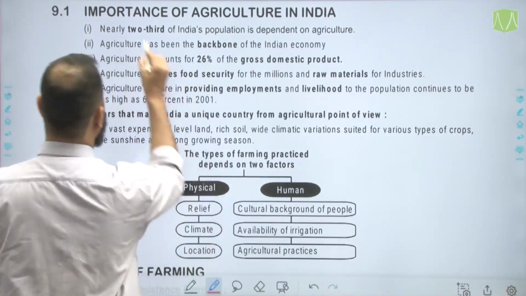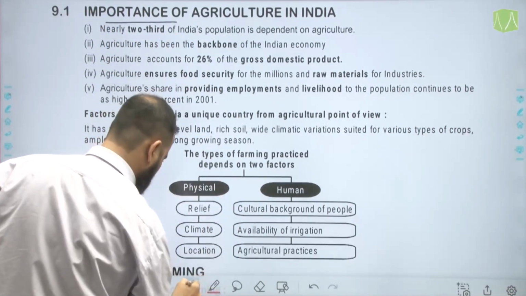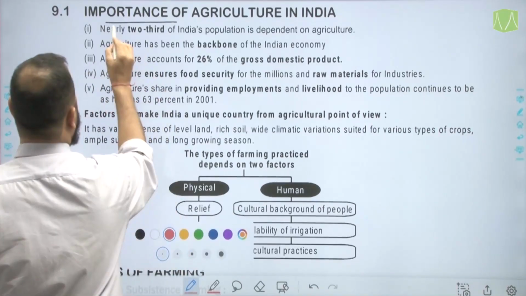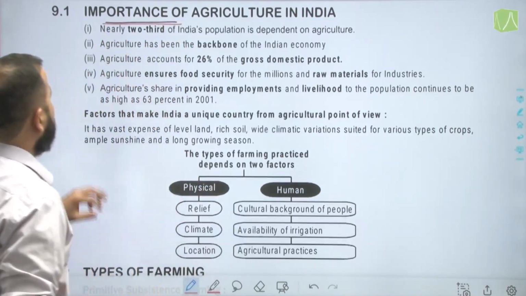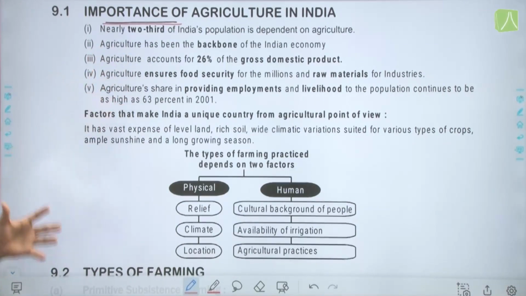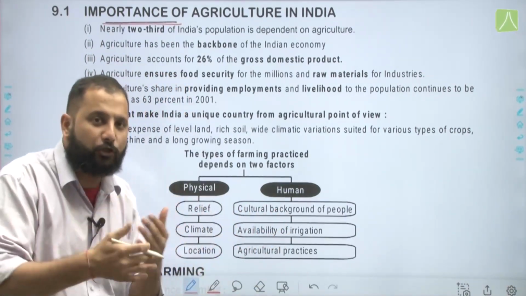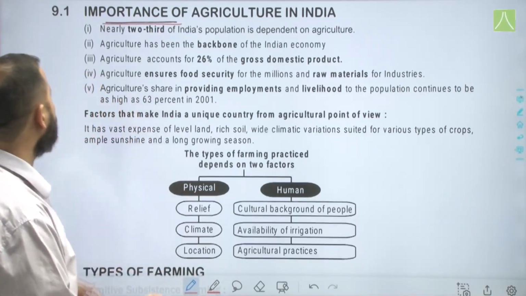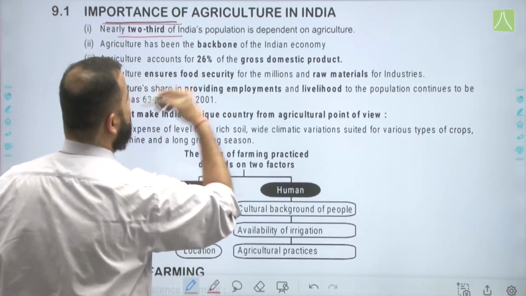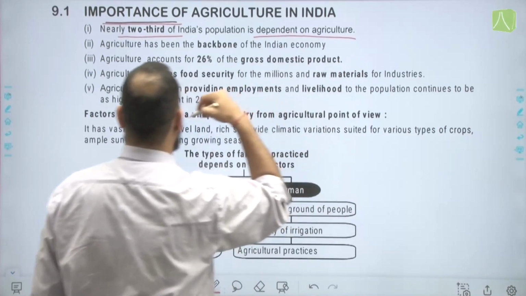The importance of agriculture. Now why agriculture? As we know, India is an agriculture dominant country, ek krishi pradhan desh hai hamara. Nearly two thirds of India's population is dependent on agriculture.